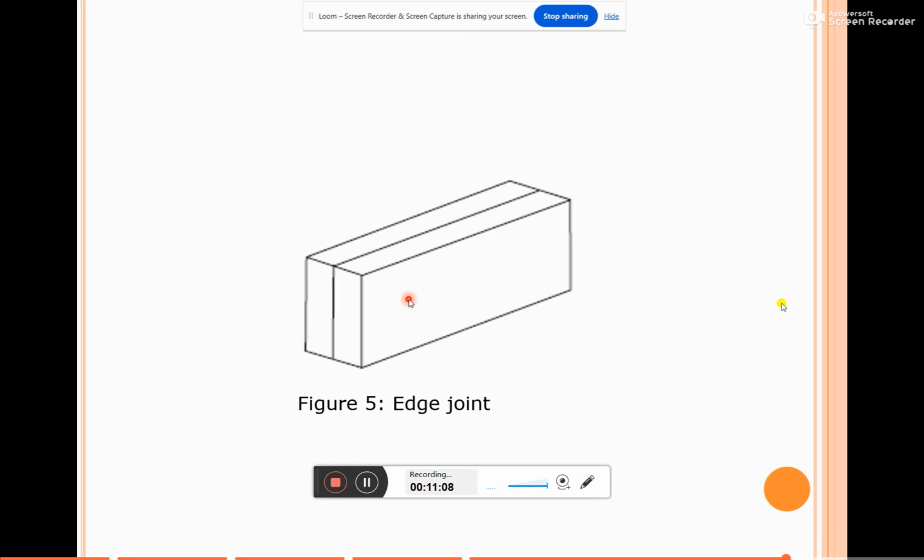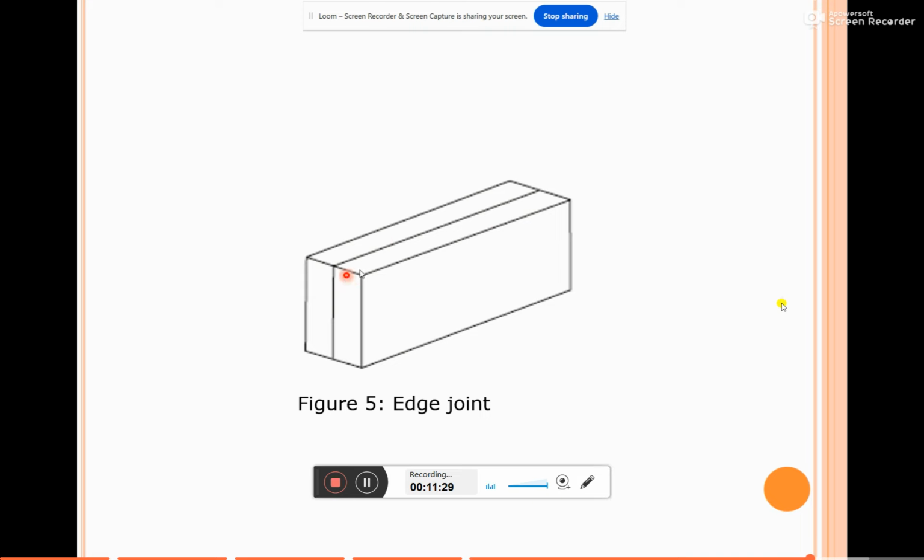Next one is the edge joint. You can see that the edge joint is used for joining two parallel plates. This is one plate, and this is another plate.